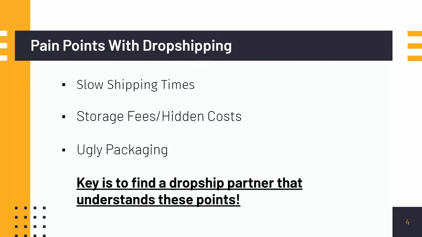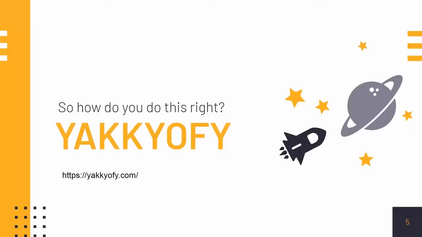There'll be all these random hidden fees, monthly costs, extra nickel-and-dime things that really add up. And a lot of suppliers also just use plain, boring packaging. Not that there's anything wrong with it. It's not going to fall apart, but it doesn't help bring your brand to the next level. The key is to find a dropship partner that understands these points and has solutions for each one of them. And that's why I'm showing you this video about Yakkyofy right now.